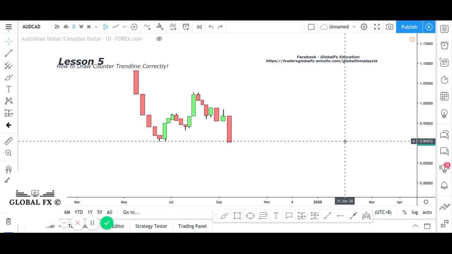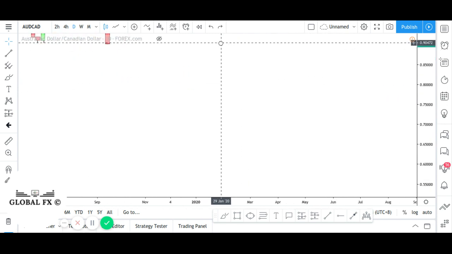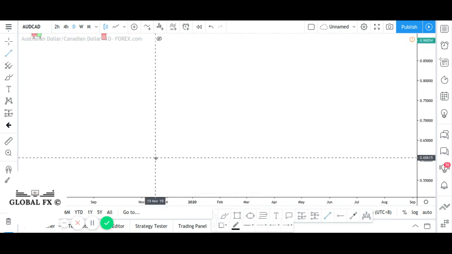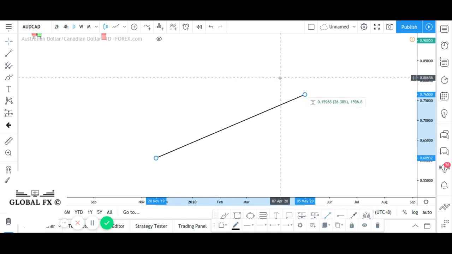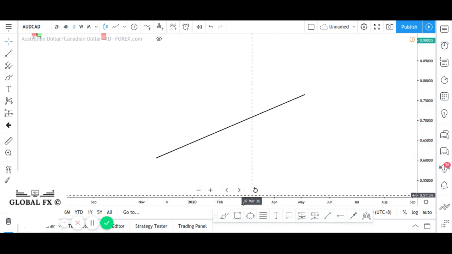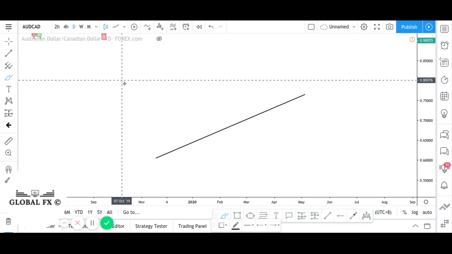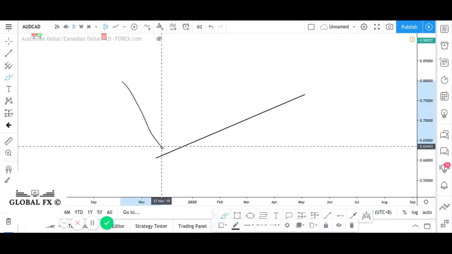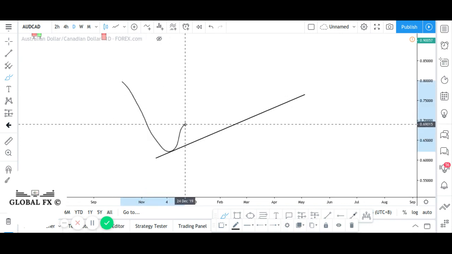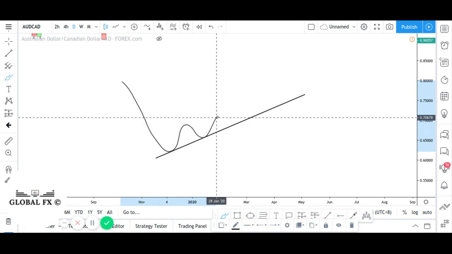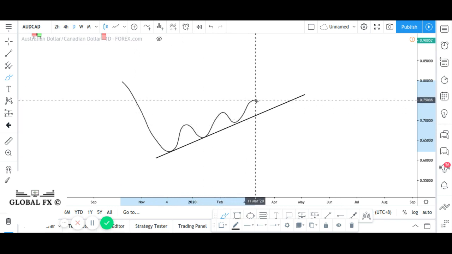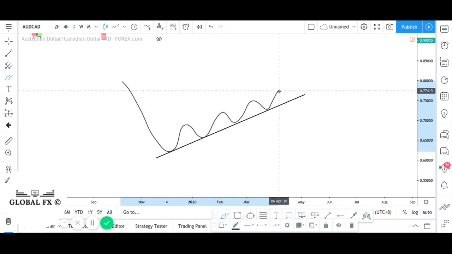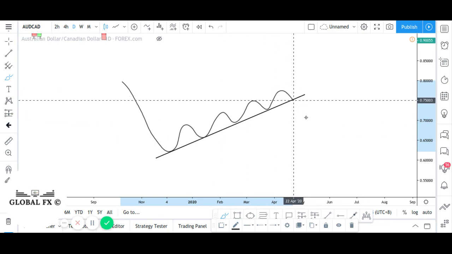So basically, what we're going to do now is I will show you guys an example of how a counter trend line works. A counter trend line in a bearish market, basically we will have an impulse to the downside. After we have an impulse to the downside, we will have a correction moving towards the upside, and then once the correction is finished, we will get a break to the downside.